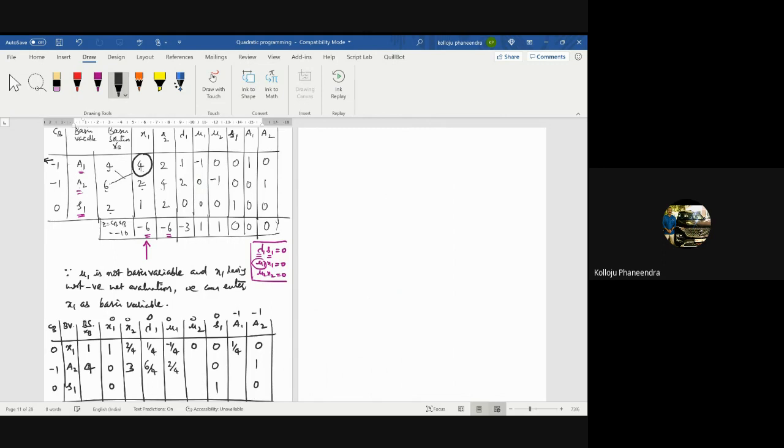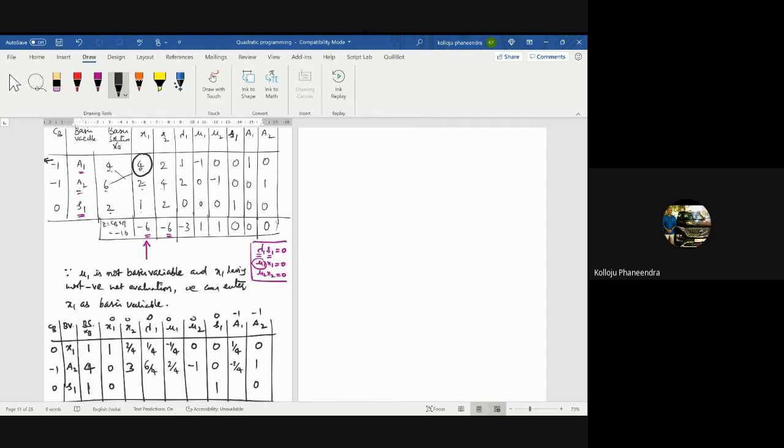I'm not simplifying this, as it is 2 by 4 I'm writing. Mu2 value minus 4 0, minus 4 by 4 is minus 1. Next in a1, this is 0 and this is 2, minus 2, so minus 2 by 4. Coming to this value, 2 4s are 8, 8 minus 4 is 4, 4 by 4, this is 1.